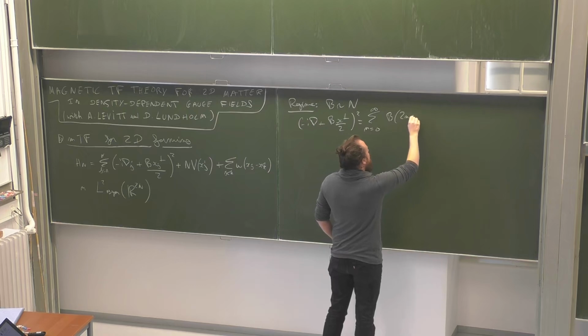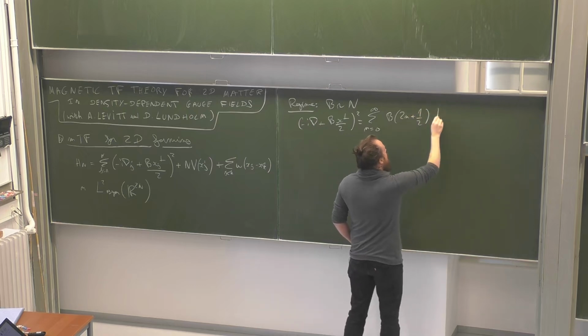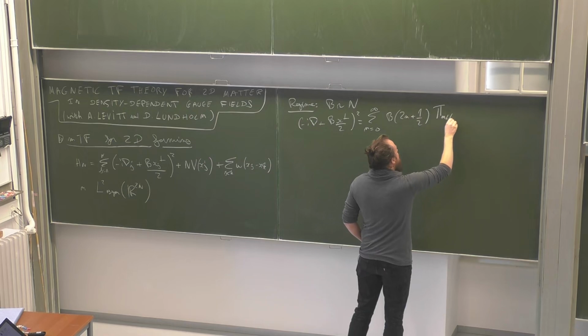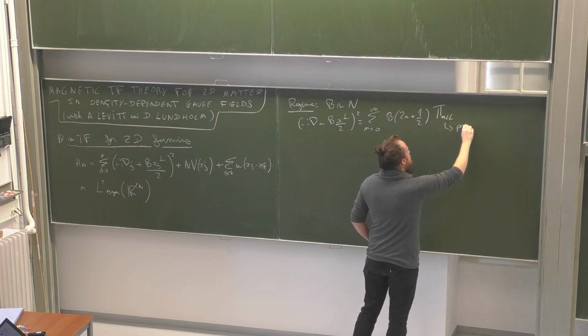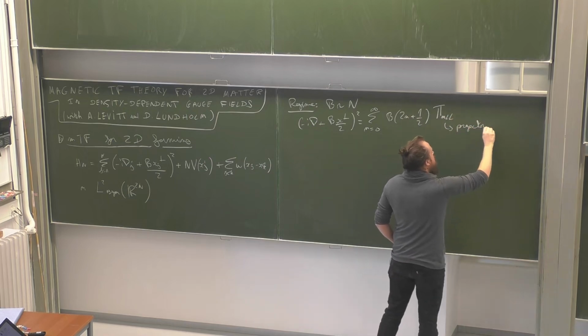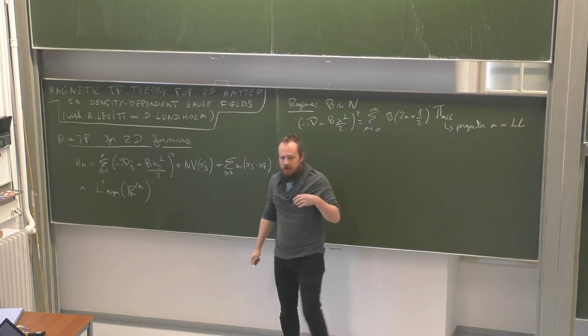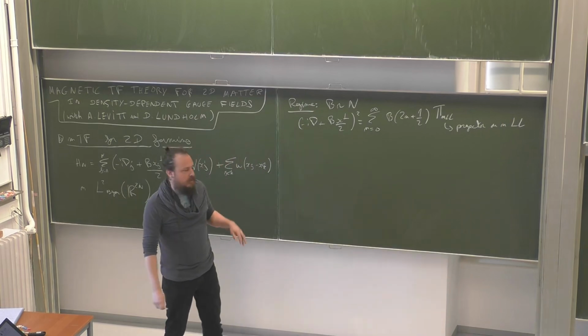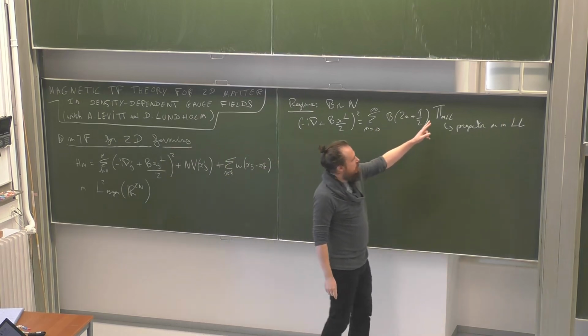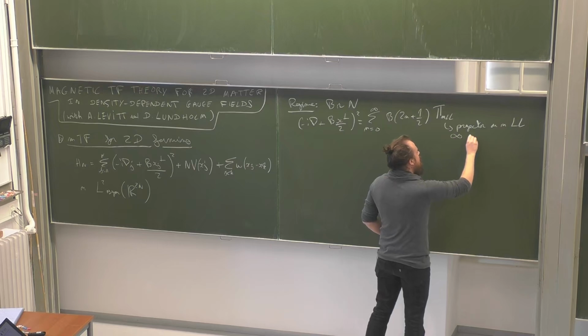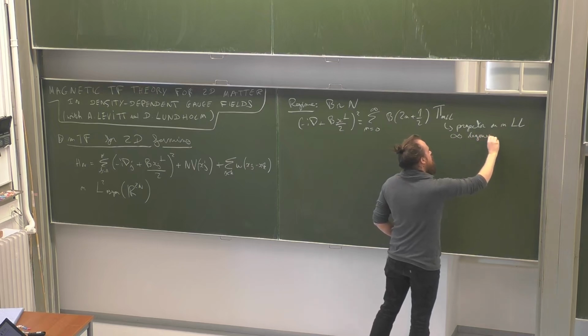It's B(2n + 1/2) times Π_n, the eigenprojector on the n-th Landau level. Landau level means the energy levels of this. Each level is infinitely degenerate, and that plays a key role.